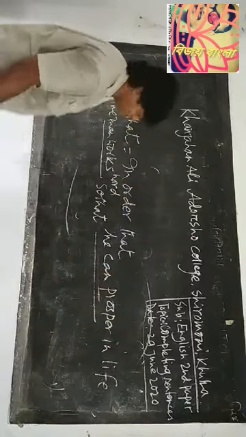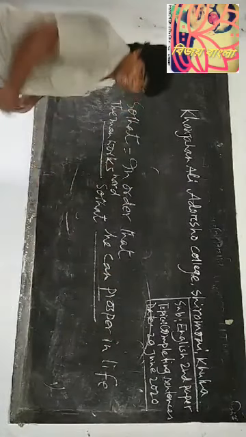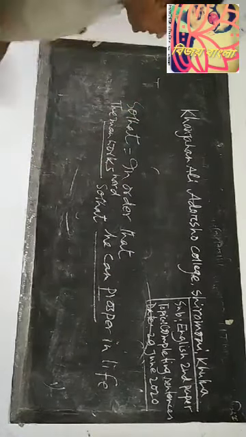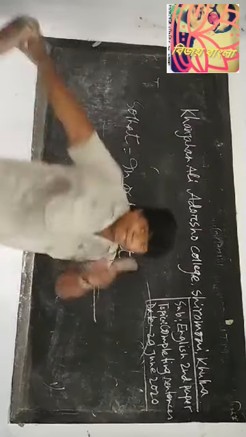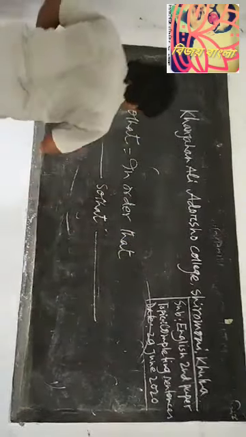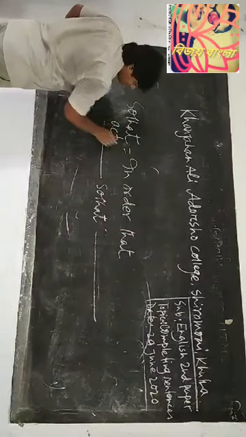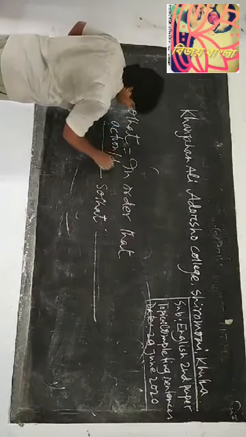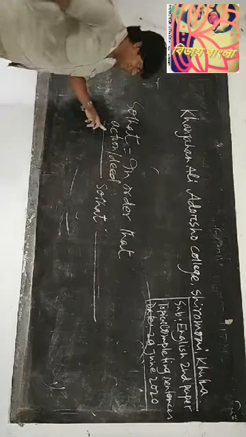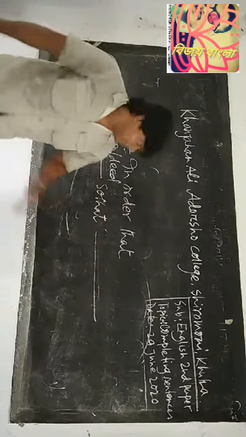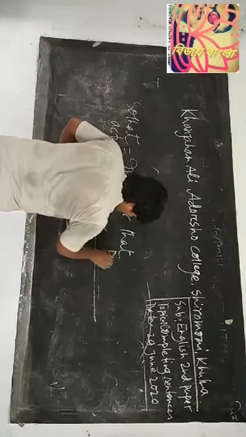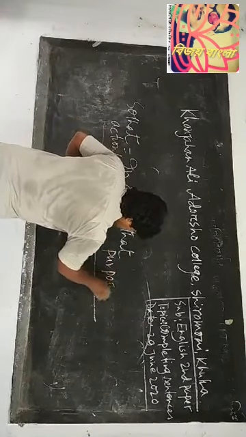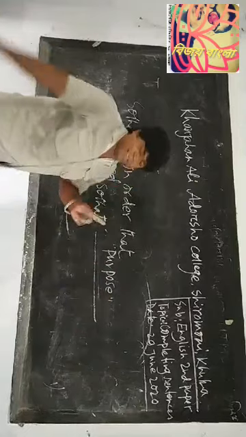Okay, dear students, in case of so that, at the left there is action or deed. There will be action or deed, that means cause. And at the right there will be purpose.